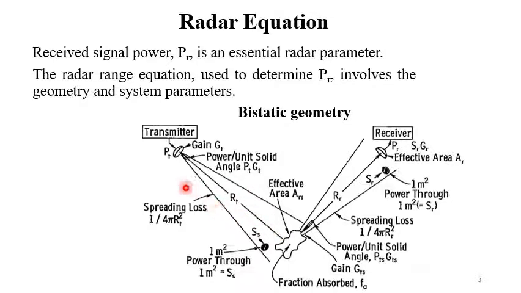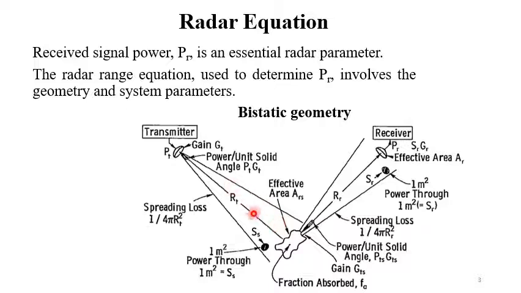So obviously we have to incorporate this idea, and for that we need this spreading loss. To calculate the power near this target or scatterer, we have to consider the power through 1 meter square area, which is called the power density, written as SS.